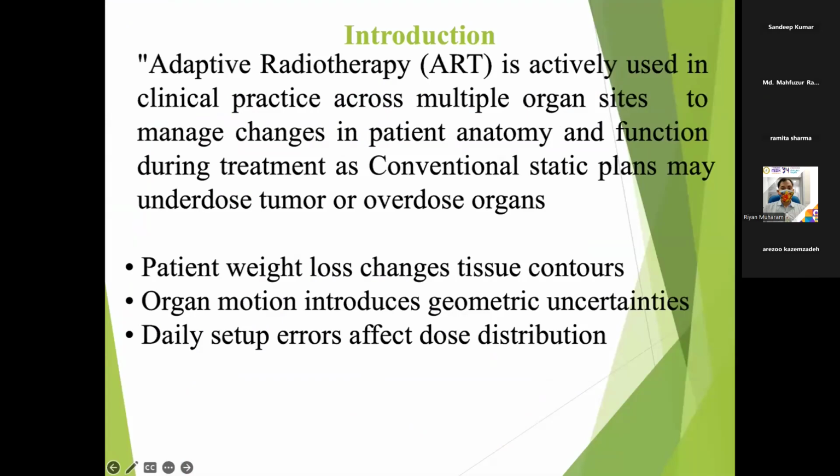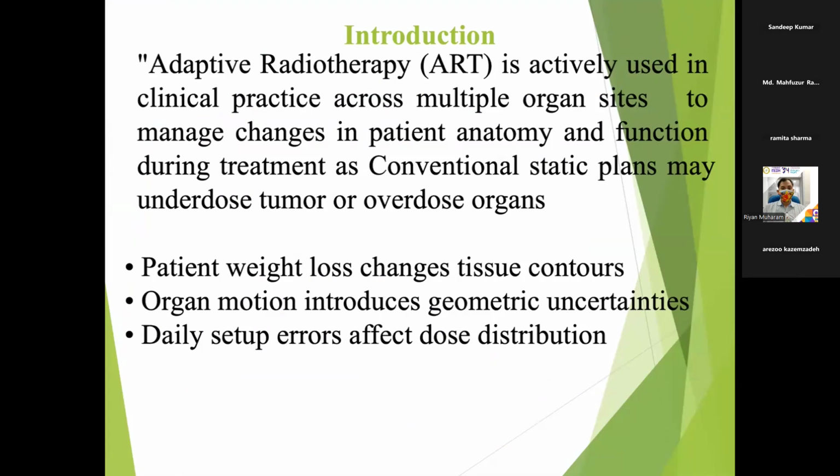So adaptive radiotherapy, as we all might know, is actively used in clinical practice across multiple organ sites to manage changes in patient anatomy and function during treatment, as conventional static plans may underdose the tumor or overdose organs.